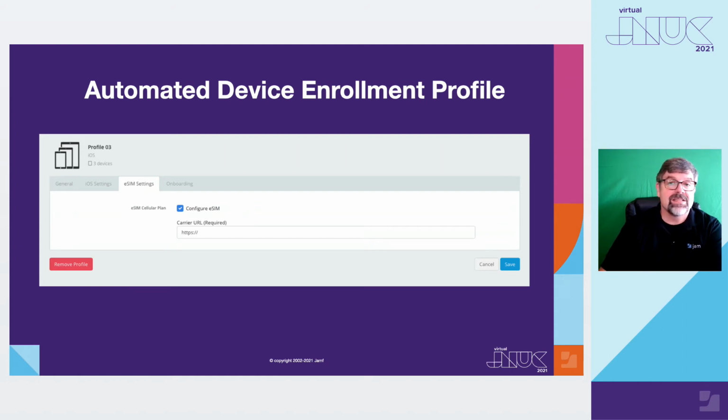In your Automated Device Enrollment Profiles for iOS devices, you'll now see a new tab that says eSIM Settings. Here, you can actually enter in that carrier URL that your provider will give to you. And as soon as the device is enrolled in Jamf School, that command will be executed with the device, and the profile will get provisioned.